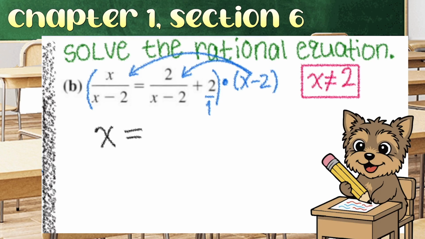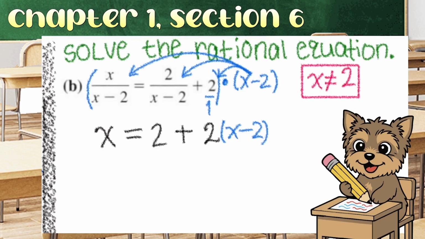Again, x minus 2 will cross out. We will be left with the 2 that's in the numerator plus 2 there. It's not crossing out. But when this distributes here, the x minus 2 is going to get multiplied by that right there because it has nowhere to go. It's not going to get crossed out.